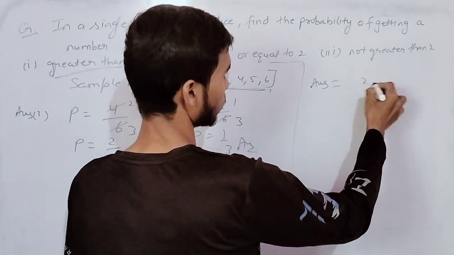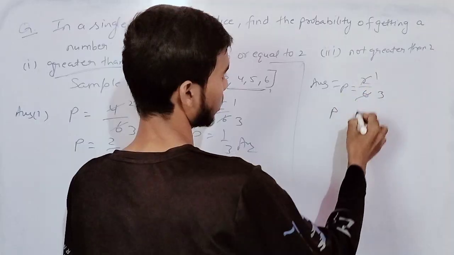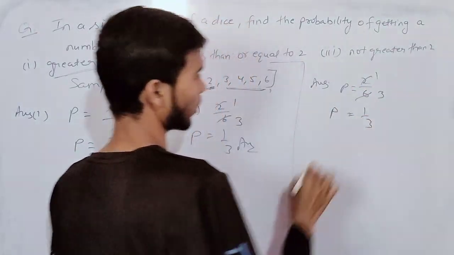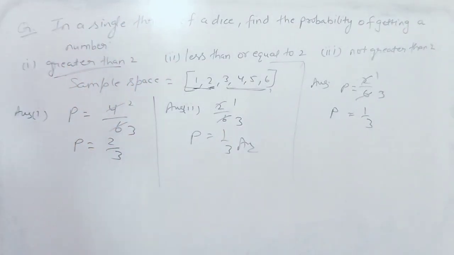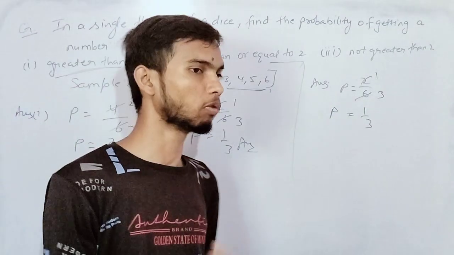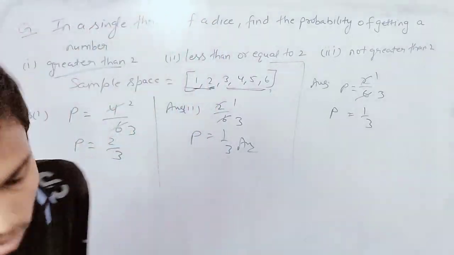So how much? 2 upon 6. Again we will get the probability 1 upon 3. The denominator is greater than the numerator, so you will get a number between 0 and 1. After dividing 1 by 3, you will get 0.333 like this.